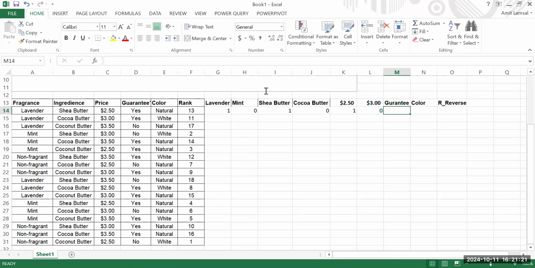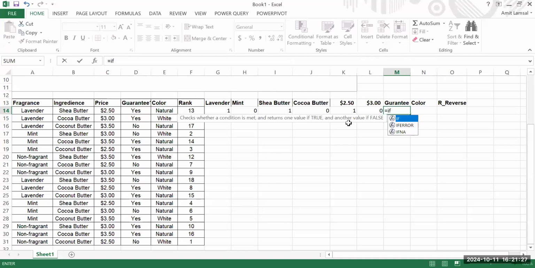And for the guarantee, we have only two options, either yes or no. So I do the same, but a bit different on this. If guarantee yes equals to exclamation yes, then 1 comma 0.